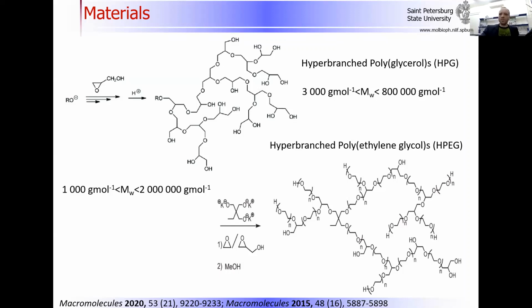Those polymer systems were synthesized in a wide range of molar masses, approximately from 1,000 to 2 million in one case, and from around 3,000 to 800,000 in another.